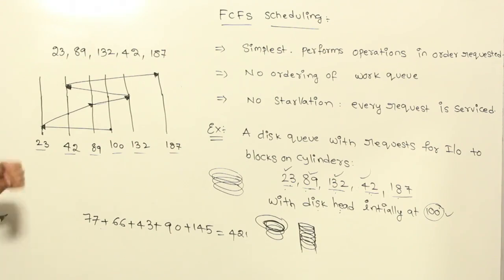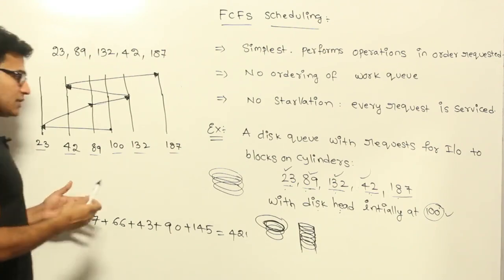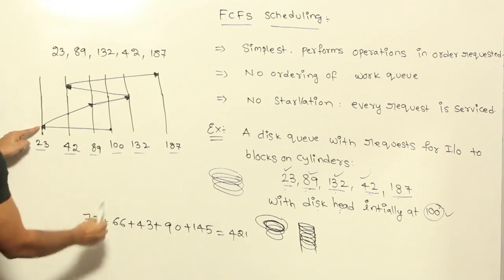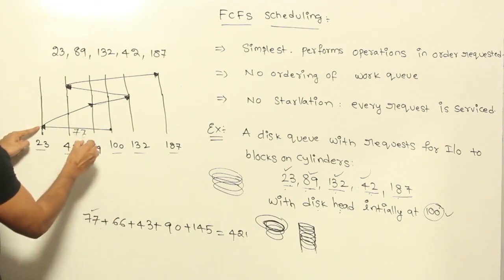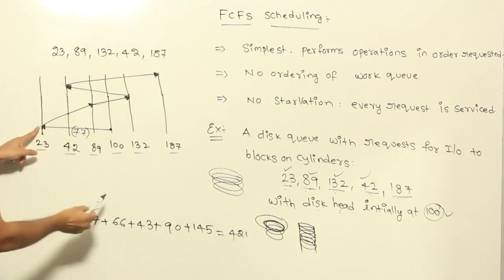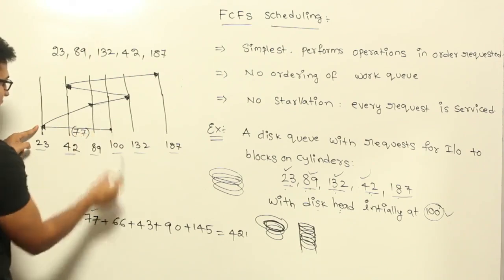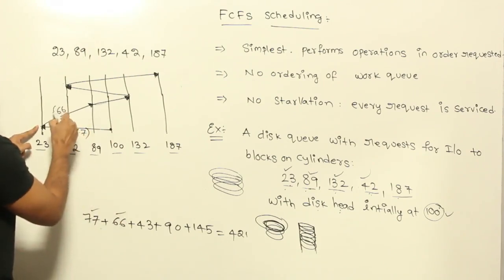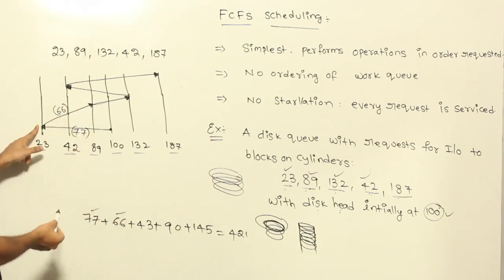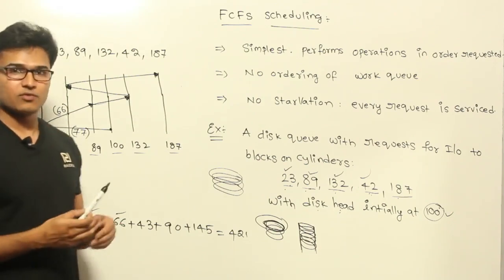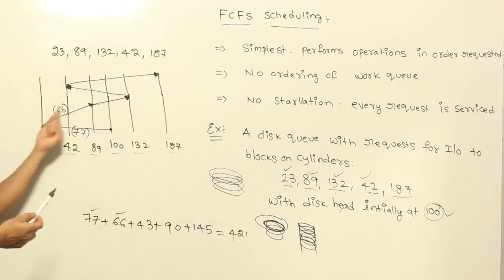Now if you see the total number of movements, or the number of cylinders that I crossed in this process, from 100 to 23 it is 77 cylinders, isn't it? From 23 to 89 I have crossed 66 cylinders. And the seek time is directly proportional to the number of cylinders you are crossing. Therefore, as this sum increases, the seek time increases proportionally.